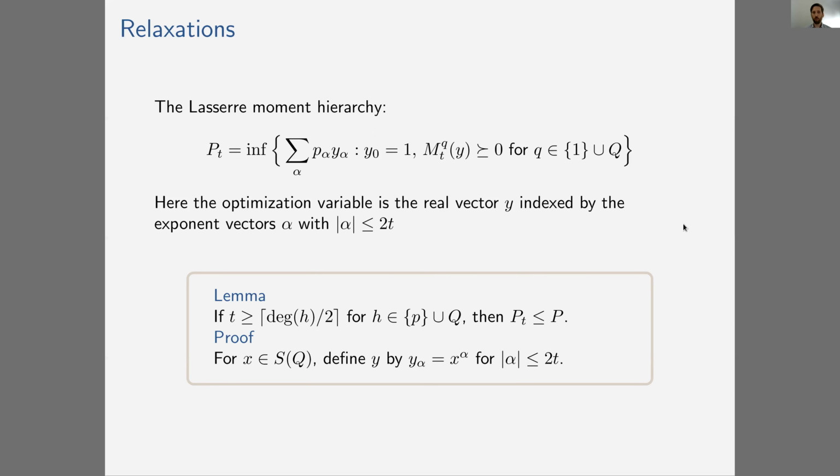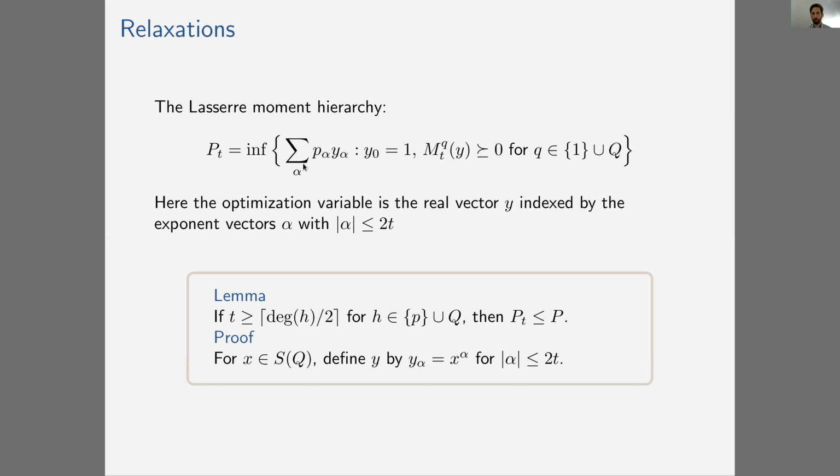And you can also show that these semi-definite programs give lower bounds on the optimal value of our polynomial optimization problem. So if t is large enough, that has to hold. If you take t too small, then this doesn't correspond.